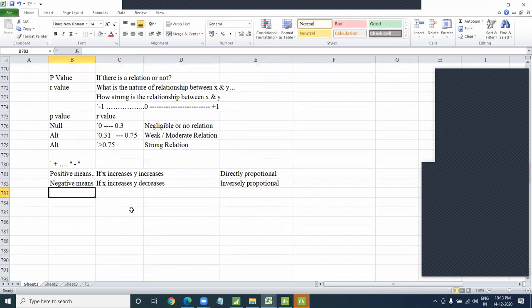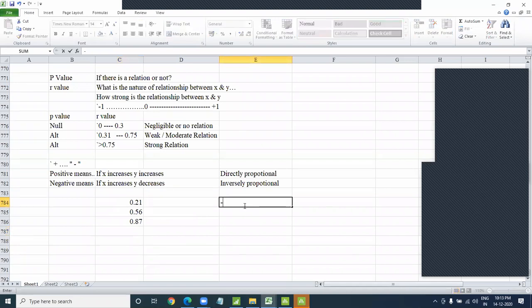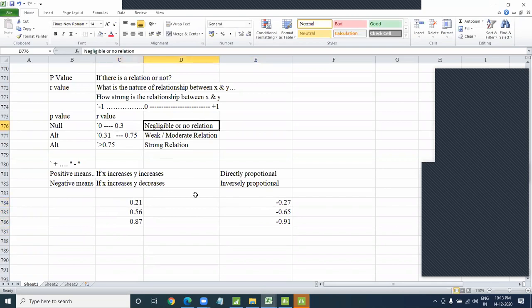So let's have a small example for this, and then we'll start with the test. What could be different values, and what various interpretations can we make? Say 0.87, and similarly, say, minus 0.27, minus 0.65, and similarly minus 0.91. What do we mean by this? This is positive, yes, but it falls into this zone, negligible or no relation.